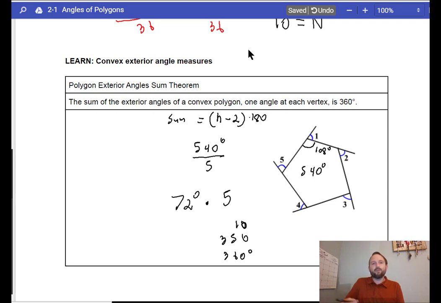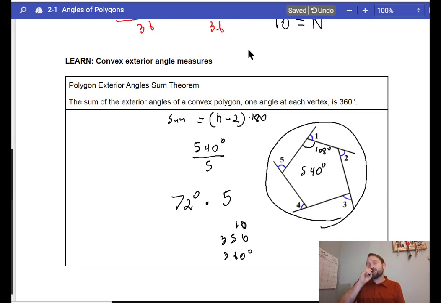So this is an informal way of saying we figured out what one of these is, and if we times it by 5, we would get 360. Now it kind of makes sense because it's like going around in a circle. All right, this is just for the exterior though. The interior is different. Let's go on.